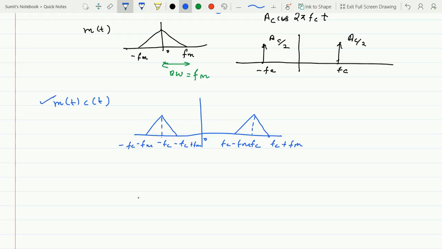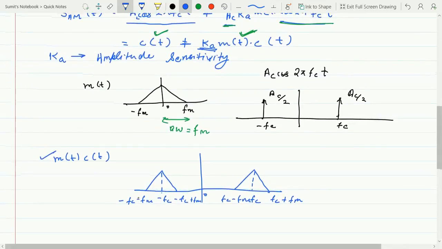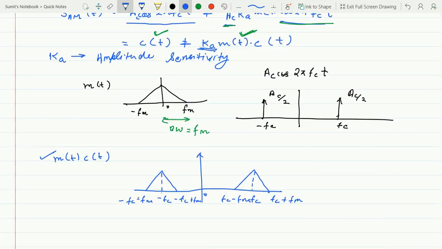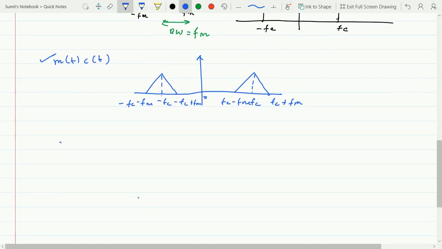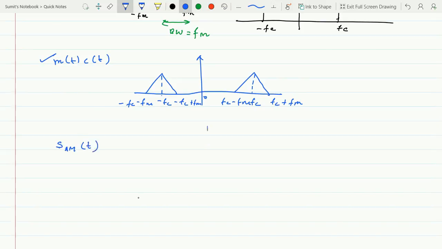Now what was your AM signal? So AM, you already saw, it is the modulated signal, that is your m(t) into cos(2πfct), plus the carrier signal, which is this thing. So now if I want to sketch the overall amplitude modulated signal, your AM signal, I can sketch it like this. So you get your modulated signal plus you also get the carrier which was at frequency fc.